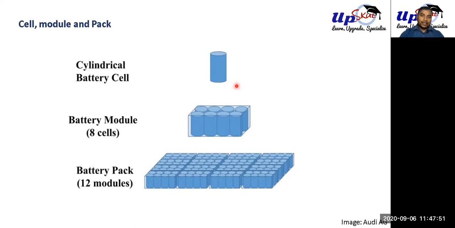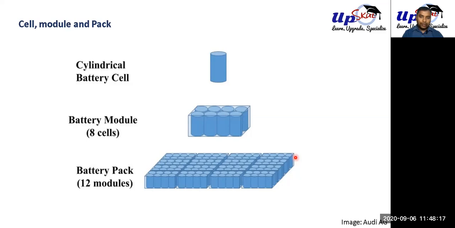So a single cell, and a collection of some cells is a module. Ignore this 8 cells. It doesn't have to be 8, it can be a lot more, many hundreds. And then a collection of these modules is called a battery pack, and a battery pack is what we see as a whole battery in a car.